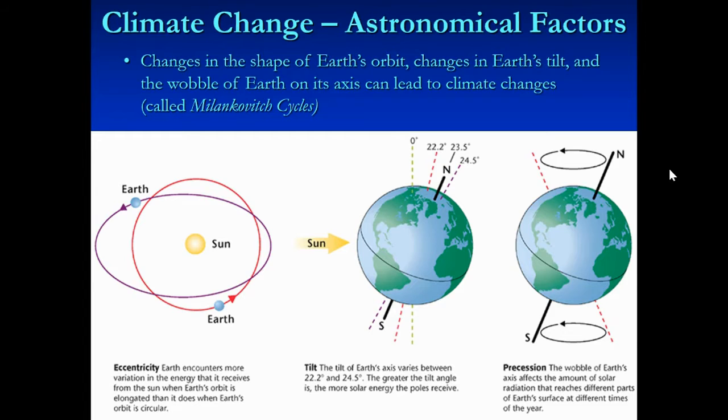The tilt of the Earth changes, obliquity, and the Earth wobbles on its axis, precession. These things go through cycles at 26,000, 41,000, and 100,000 years, and they sometimes cancel each other out. Other times they line up to help each other amplify either in the cold direction or the warm direction on Earth. More solar radiation on Earth gives a warm direction, and less solar radiation hitting the Earth's surface is cooler.